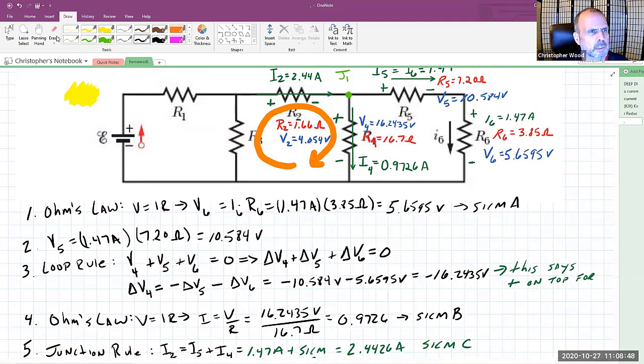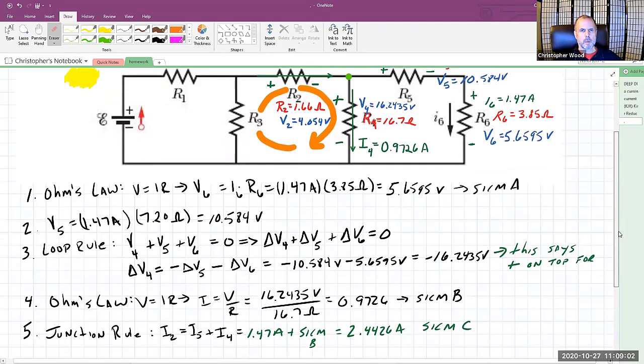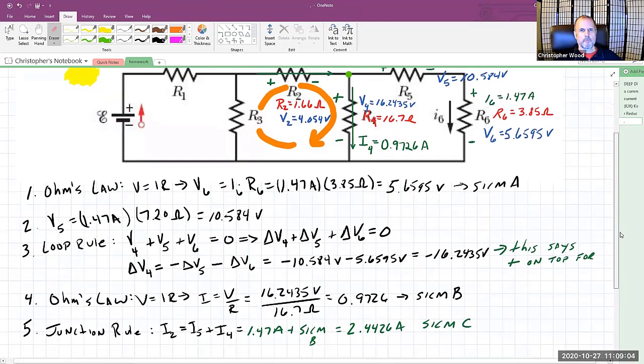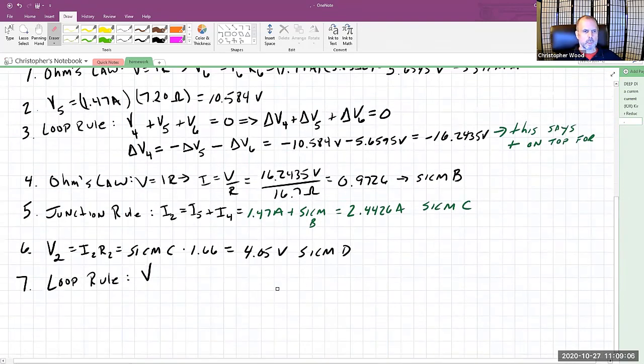That's R3. Okay, that shows well. So I got R3, R2, and R4. The loop rule, which is conservation of energy, says whatever the voltage is for 3 plus whatever the voltage is for 2 plus whatever the voltage is for 4, it's got to equal 0.